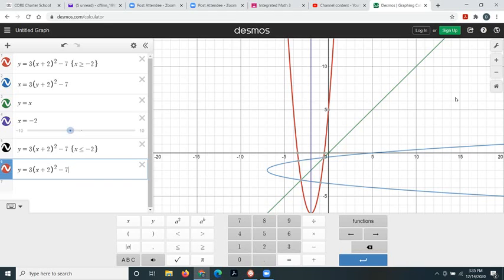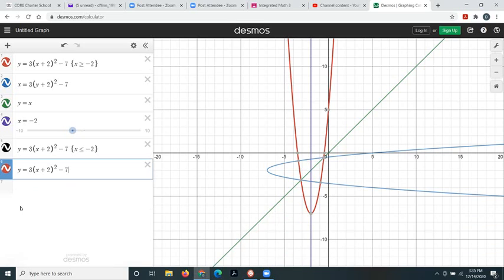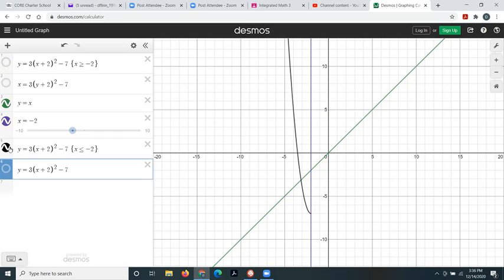Here's Desmos. Okay, so this red graph is my original graph. But I restricted the domain, so that's the piece of my graph that I want right there.